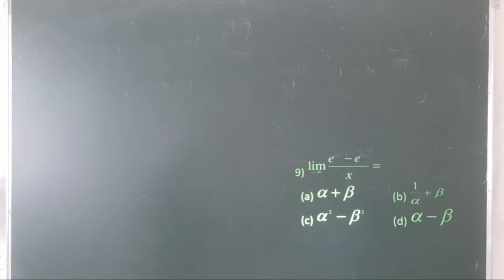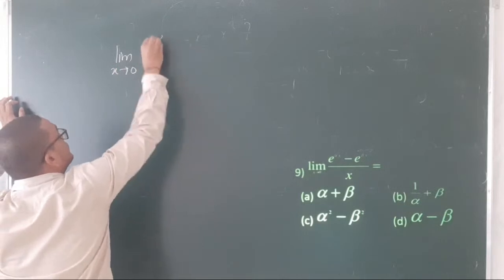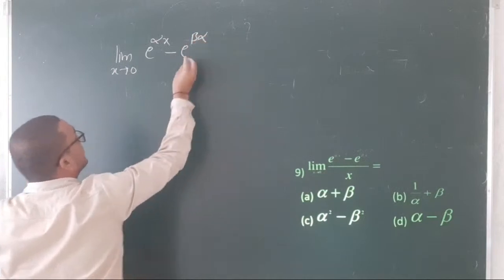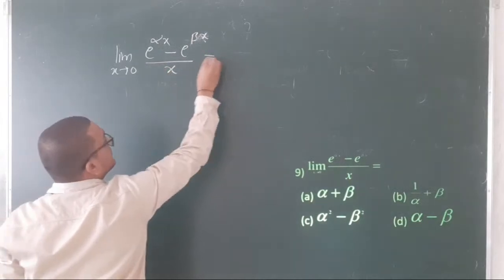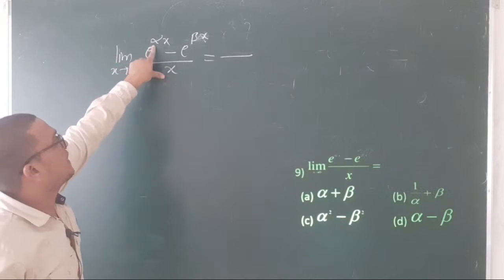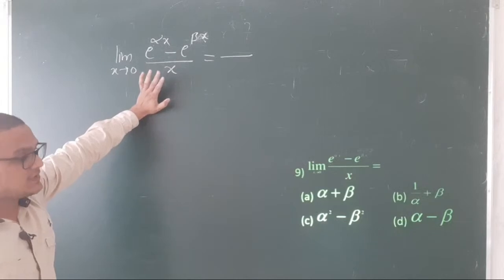Yes, next question here. Limit x tends to 0, e to the power alpha x minus e to the power beta x upon x, which is equal to what?